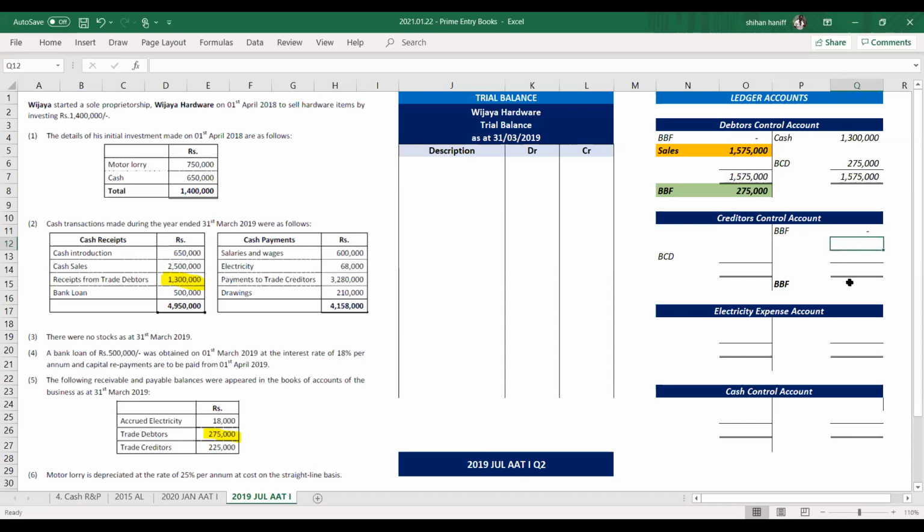In the creditors control account, there is no opening balance. Closing balance is 225,000. Purchases and cash. 3,280,000.